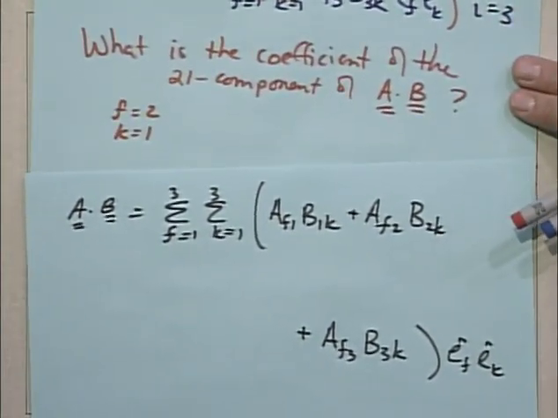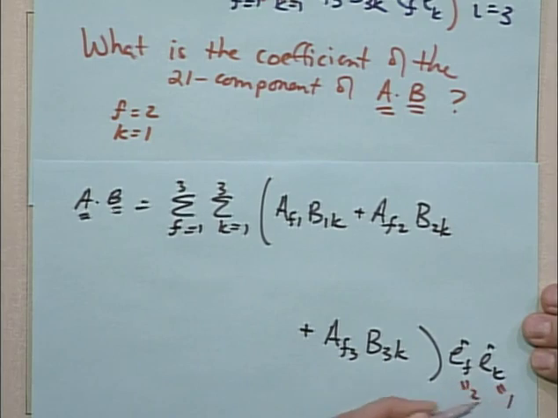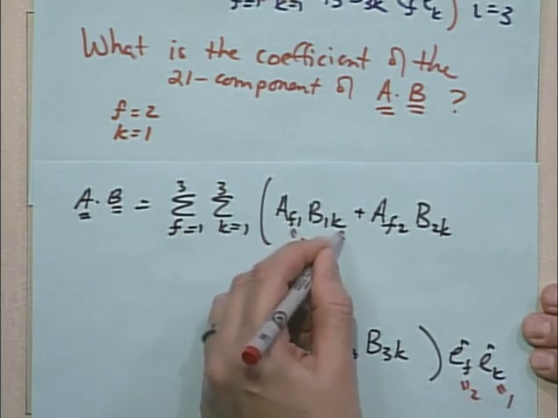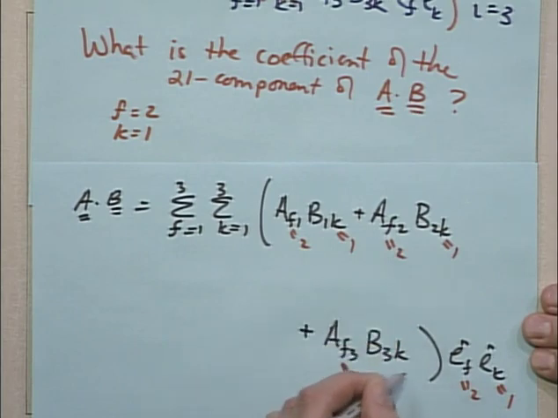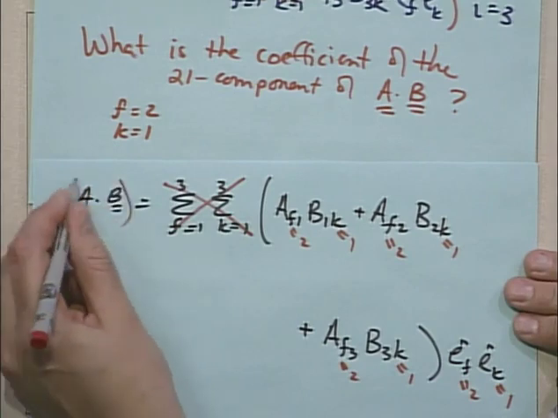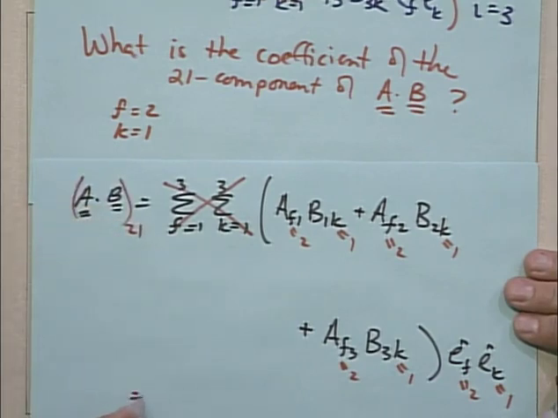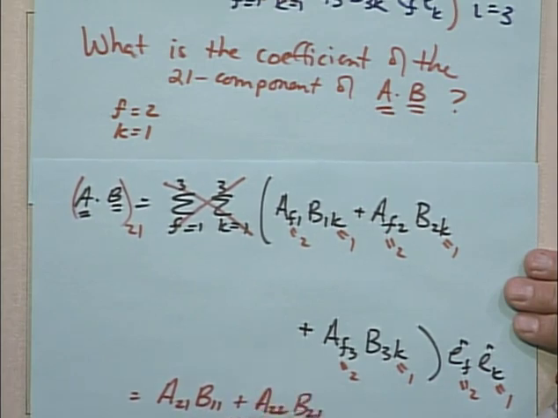Okay, so what is the coefficient? F equals 2, K equals 1. The summations don't matter anymore. A dot B 21 is equal to A21 B11 plus A22 B21 plus A23 B31.